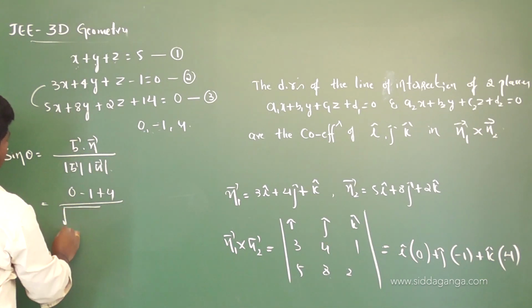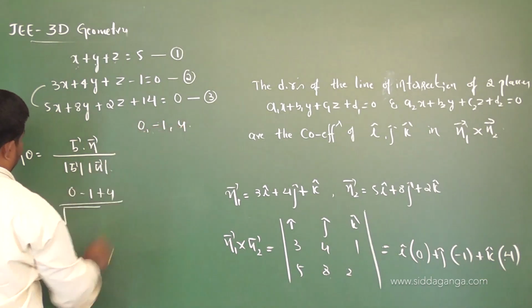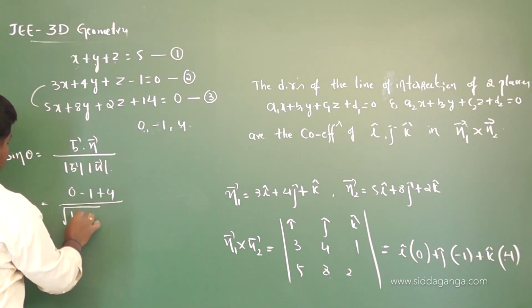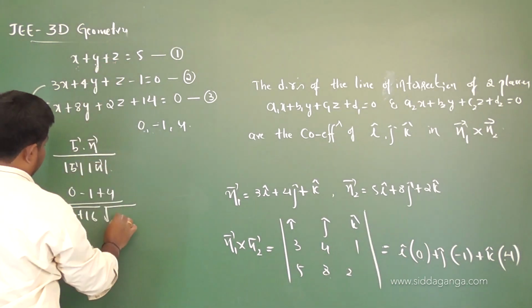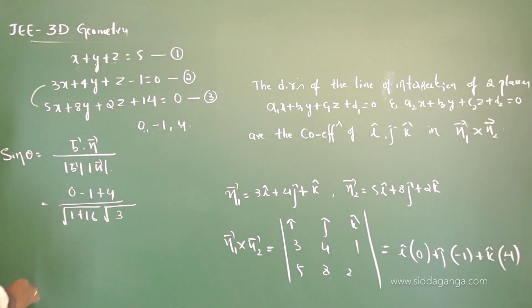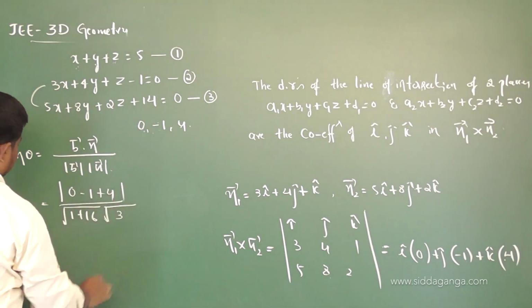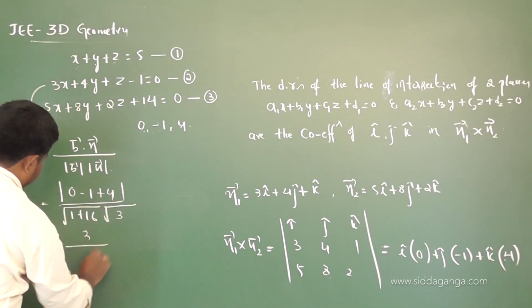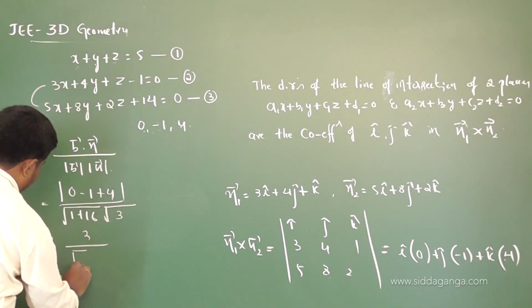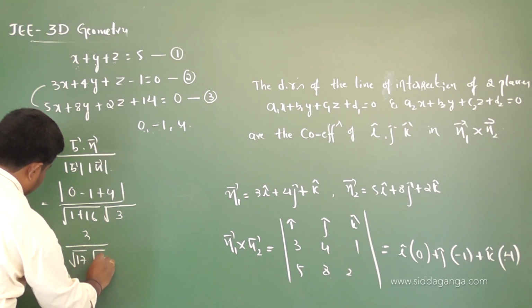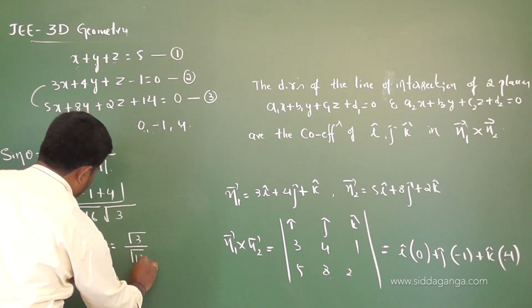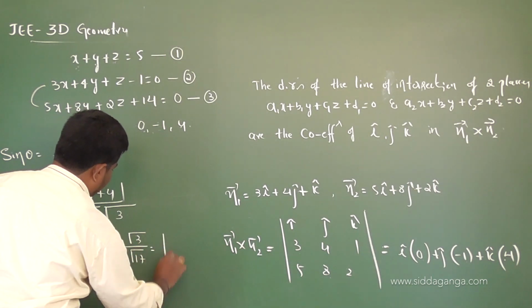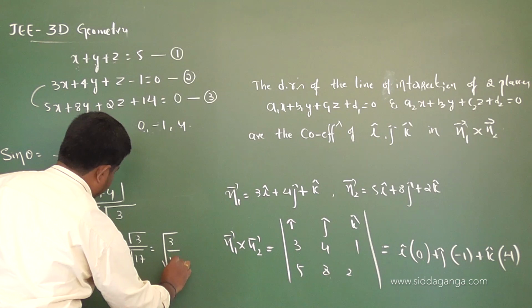You get 0 square, 1 square, 4 square, that is 1 plus 16, into 1 square plus 1 square plus 1 square, that is 3. So you get 3 divided by root 17 into root 3, or root 3 by root 17, or root of 3 by 17.